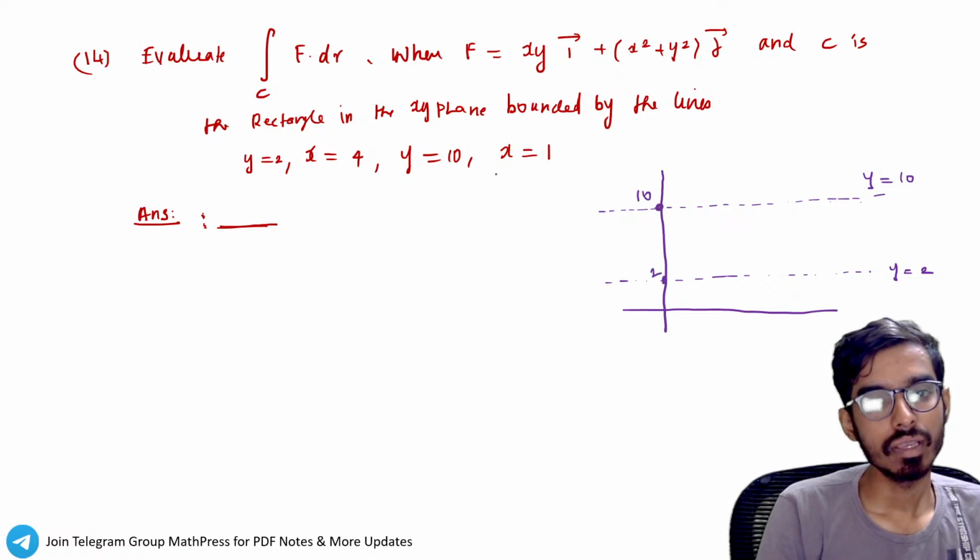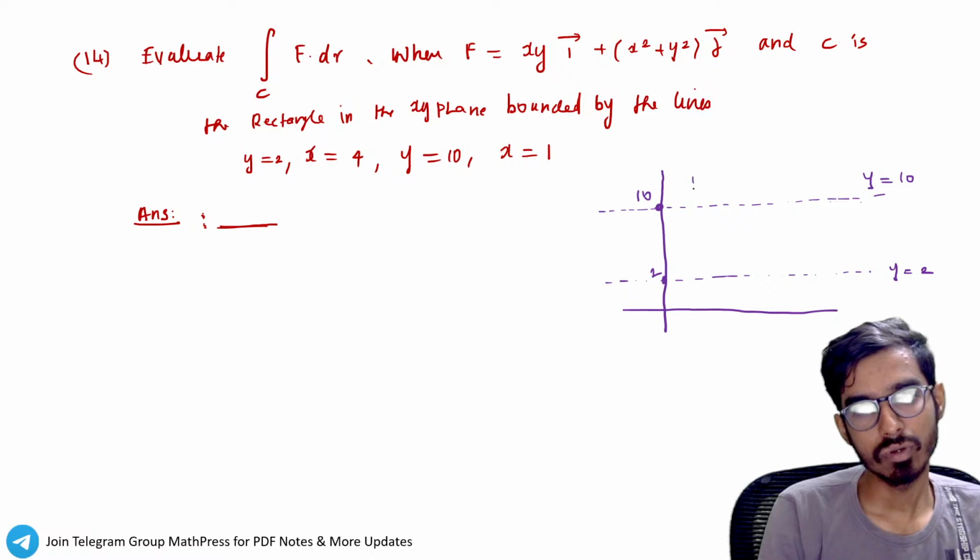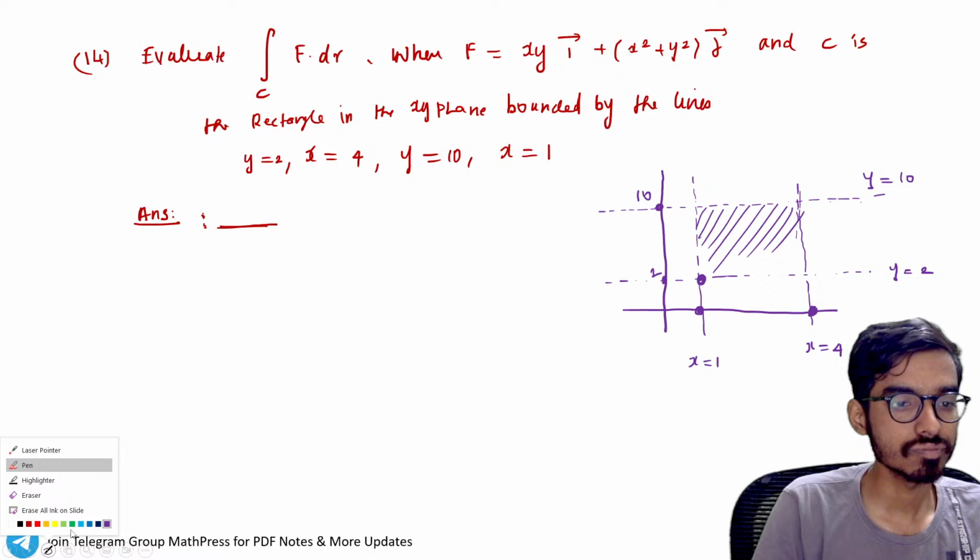X is equal to 1 will be somewhere around here. This is x is equal to 1, x is equal to 4, right? So this is 4. So you just have to evaluate this over this rectangle, right? So this is the rectangle you need.